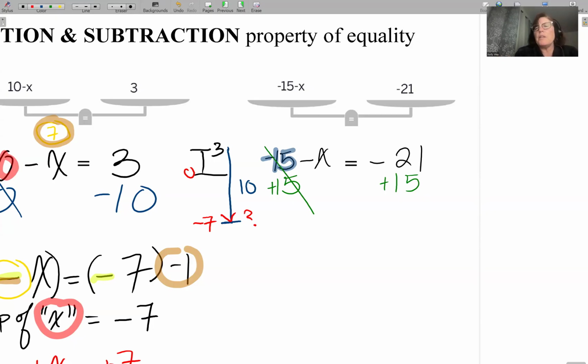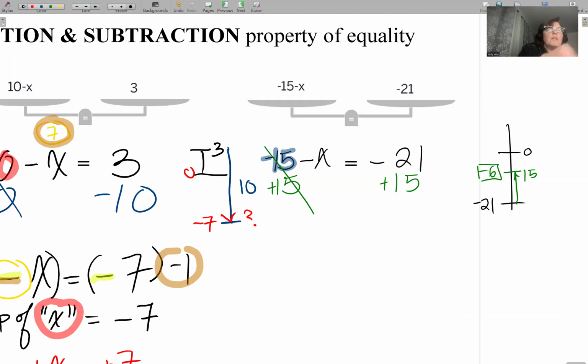On this side, taking a look here, 0, we're at negative 21, and we go up 15, which means our answer is still negative. So 15, 16, 17, 18, 19, 20, 21. That's 6. We're at negative 6 here.